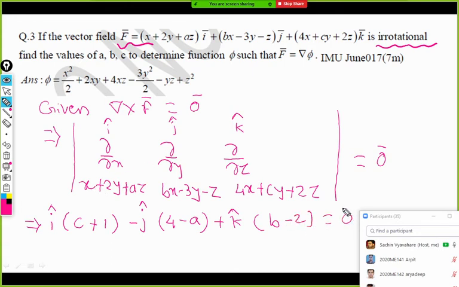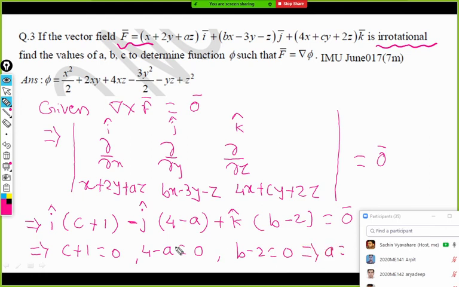What should be the next step? This vector should be a 0 vector only if each component is 0. So we get c plus 1 is 0, 4 minus a is 0. Ignoring the sign, if you take minus of 4 minus a, it is also 0, it doesn't matter. And b minus 2 is 0. And this gives the values for a, b, c.